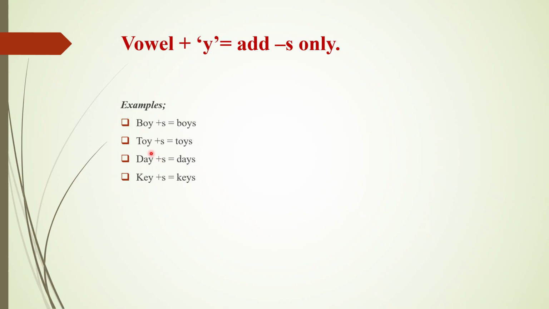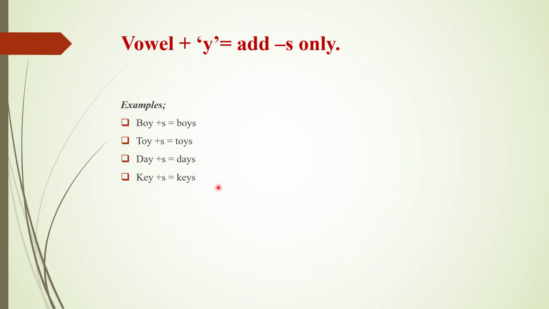Then toy, the same, ending in y, but it comes after o, so plus s, you get toys. Then day ends in y, but it comes after the vowel a, so you add s, you form days. You apply the same to key, plus s, you form keys, and many other examples.